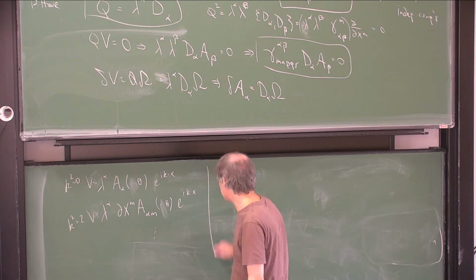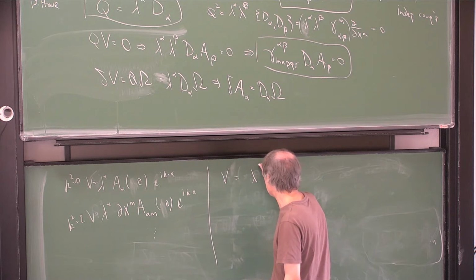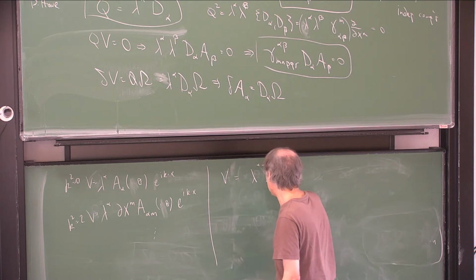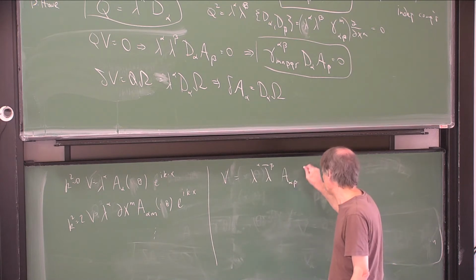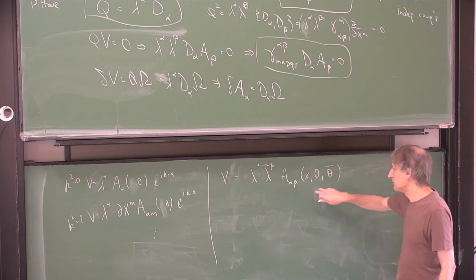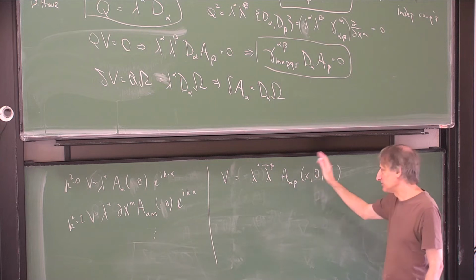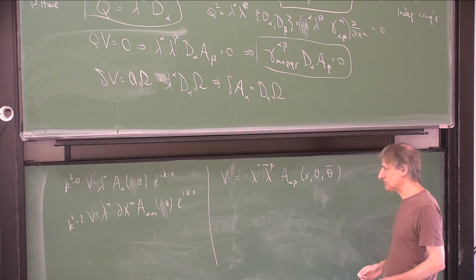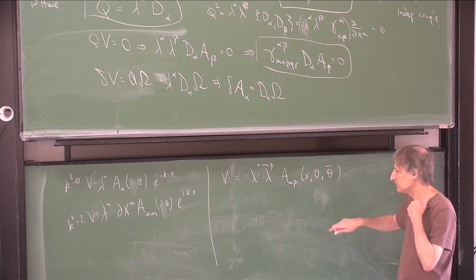Now for the closed string, the idea is you have lambda left and lambda bar. Your supergravity states are described by this multiplet. This includes, of course, the graviton, but also the Ramond-Ramond fields, etc. They're all contained in this superfield.